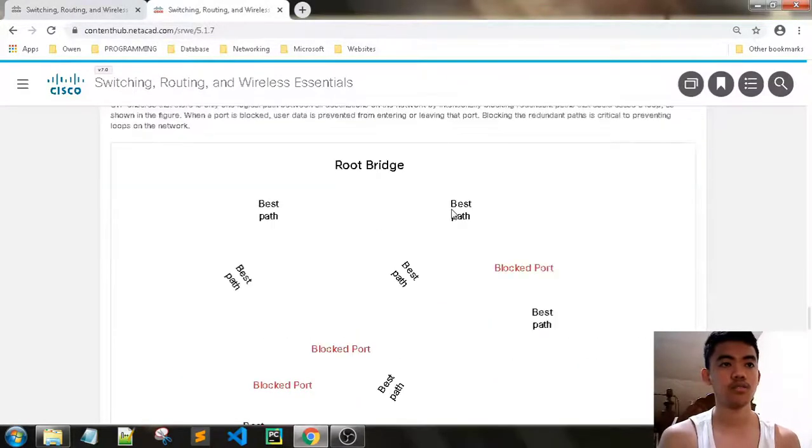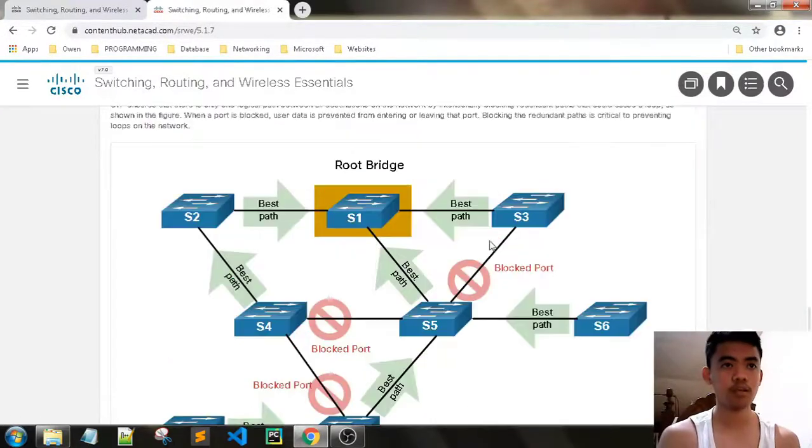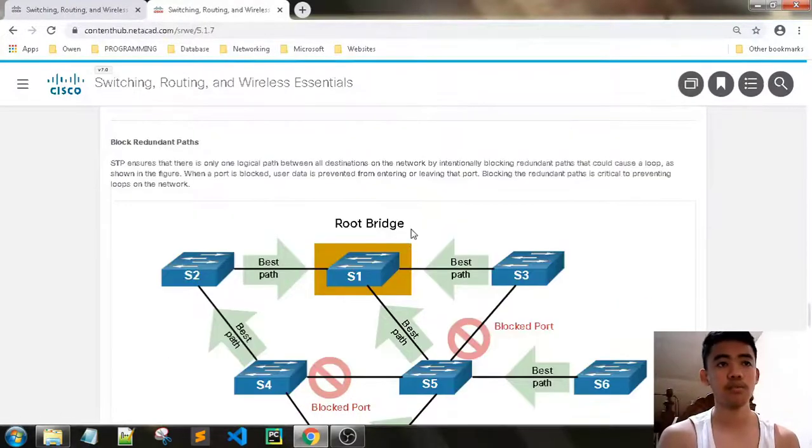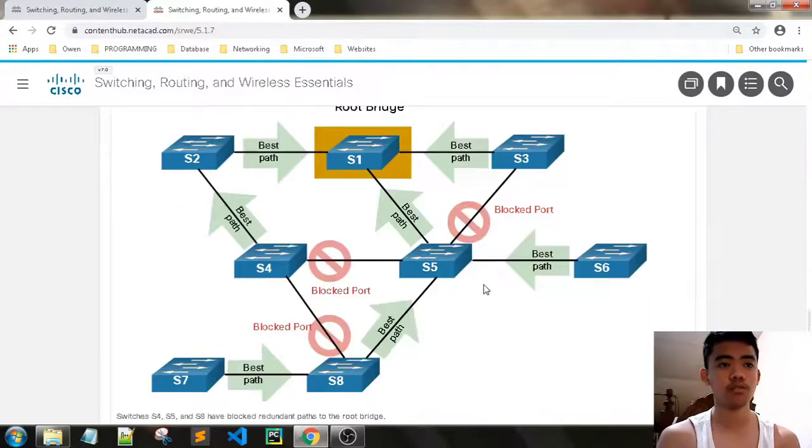Next, we need to block the redundant ports, so we only have one path to the root bridge. As you can see, all these double paths here are blocked with one port. For example, we have here S4, so the link toward S5 is blocked.